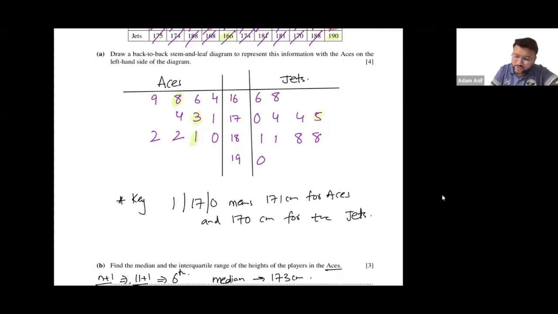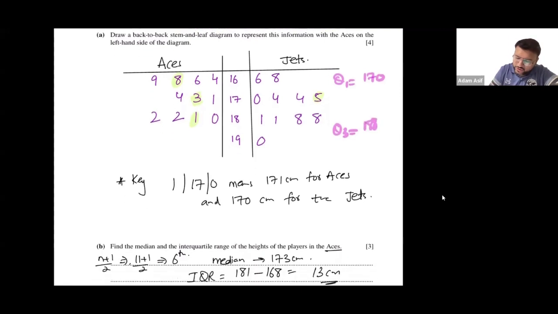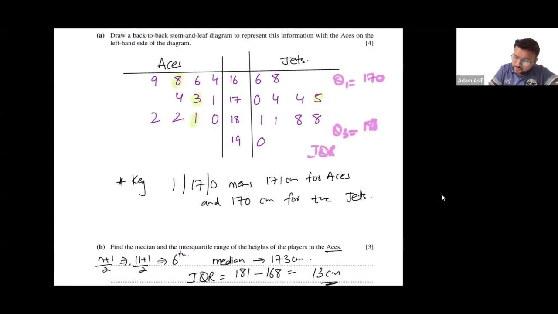The lower quartile over here would be 170. The upper quartile would be 188. So the interquartile range for jets would be 188 minus 170. That's 18.